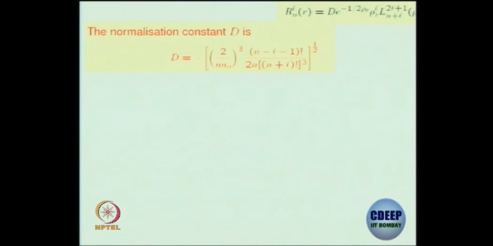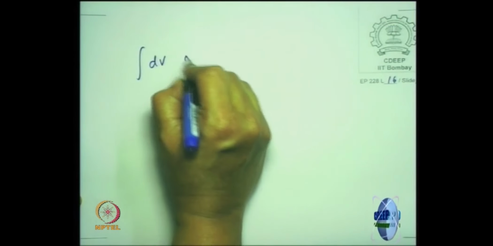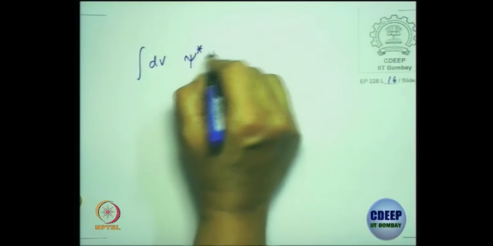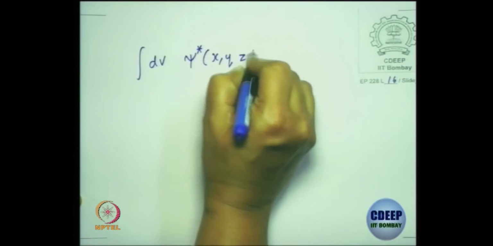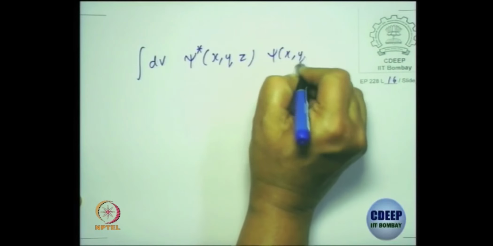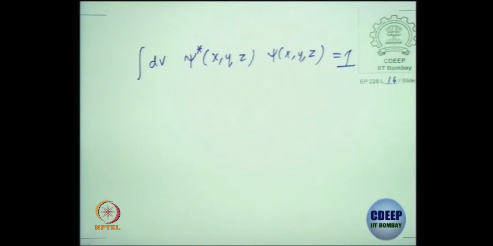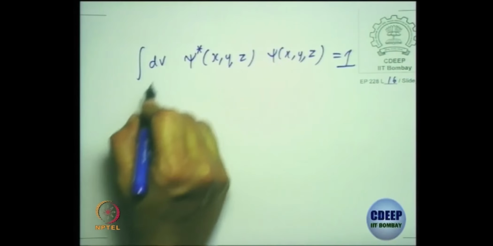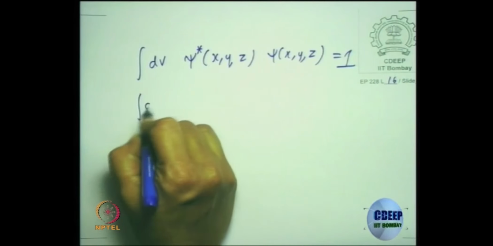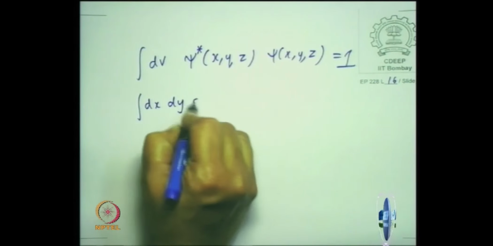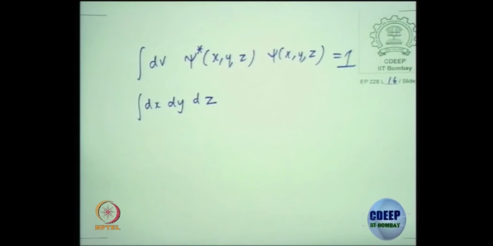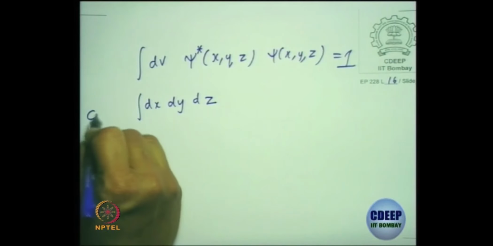Explicitly the normalization in 3 dimensions, it's integral dV psi star of xyz psi of xyz. This should be 1. dV in Cartesian is dx dy dz in Cartesian.